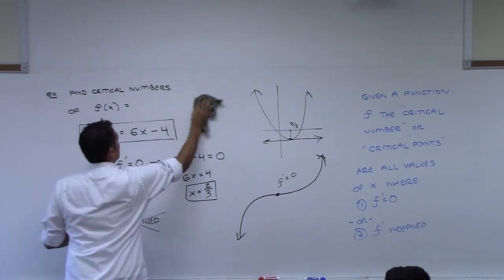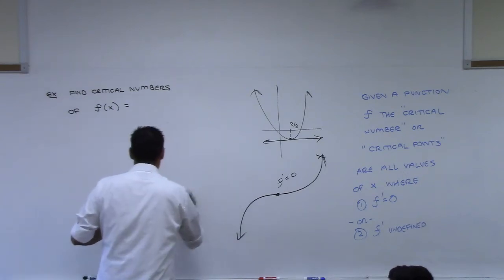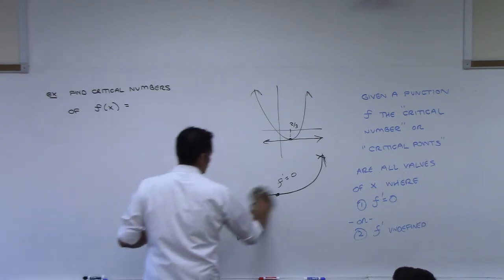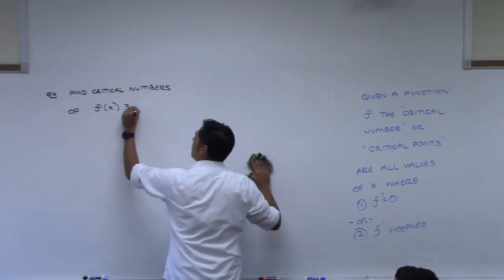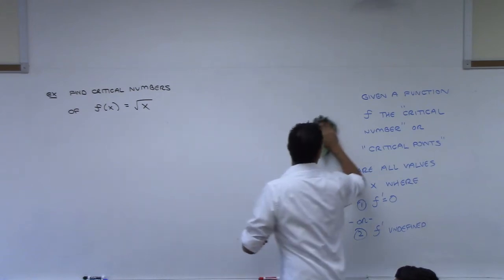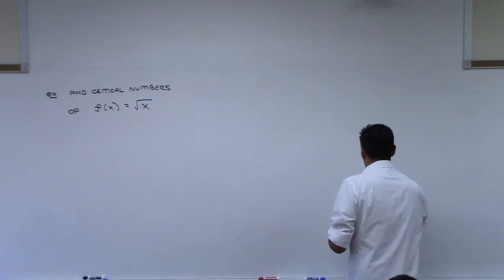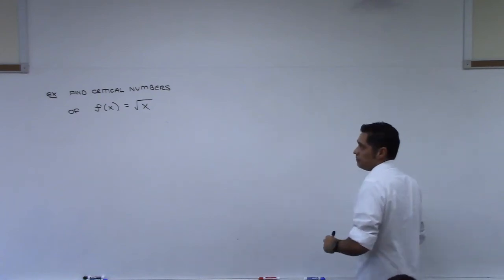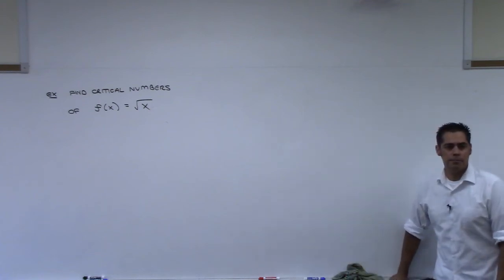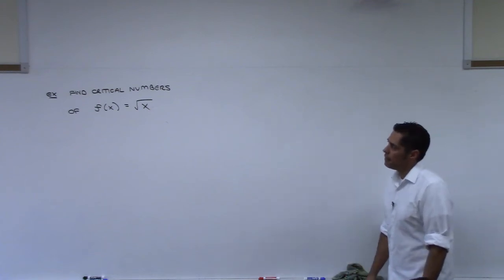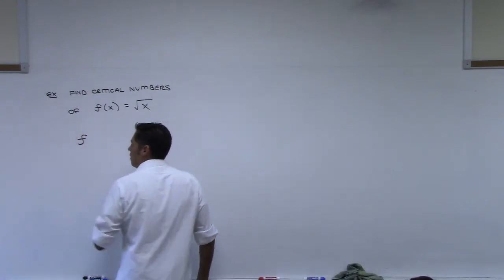Let's do something that looks completely different. I don't know how it's going to look to you. Let's do this: square root of x. Find the critical numbers of the function root x. All right, so what's the first step? Take its derivative.